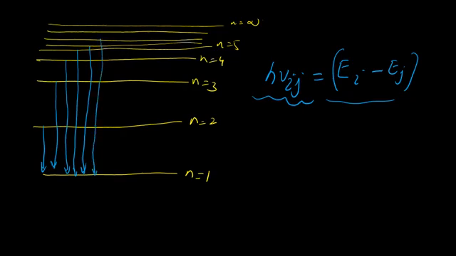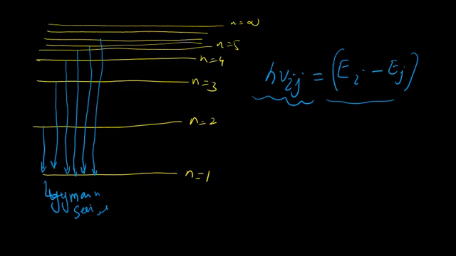Whenever they jump from higher energy levels to the lowest energy level, n equals 1, this series is called the Lyman series of the hydrogen atom. The last line is called the series limit.